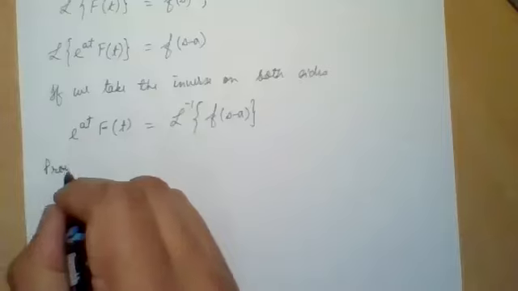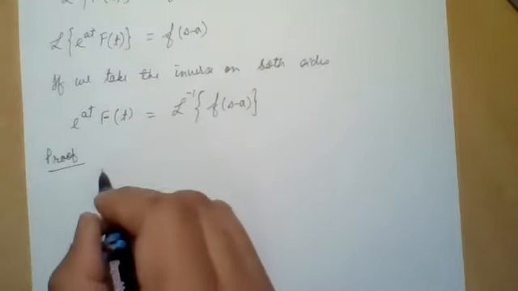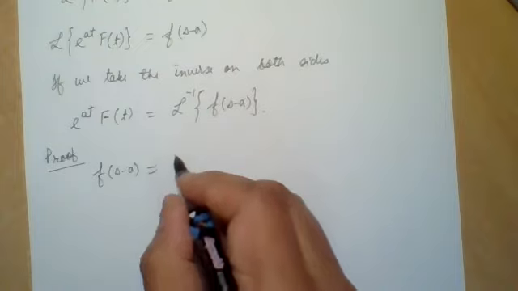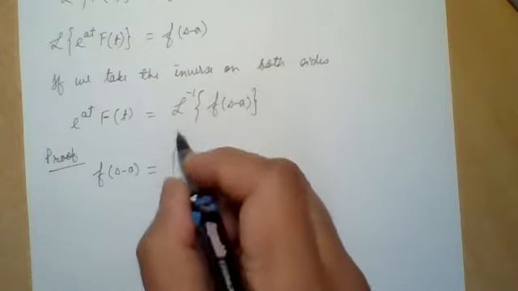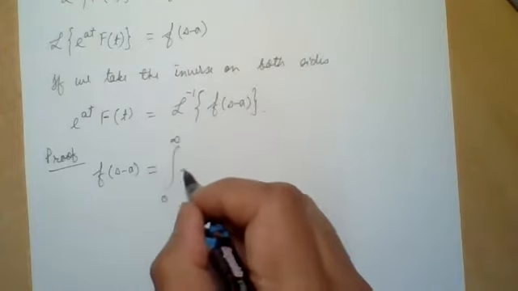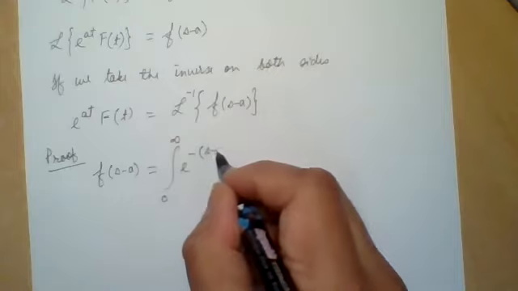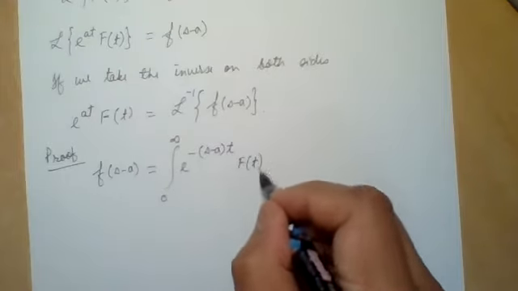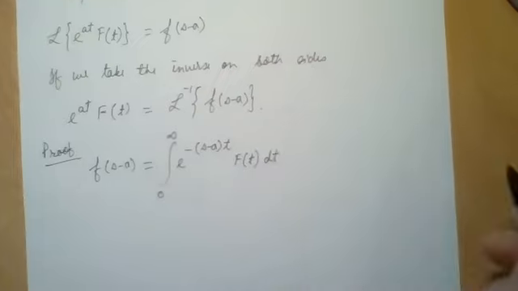Proof. We have f of s minus a equal to, by definition, the integral from 0 to infinity of e to the power minus (s minus a) t times F of t dt.